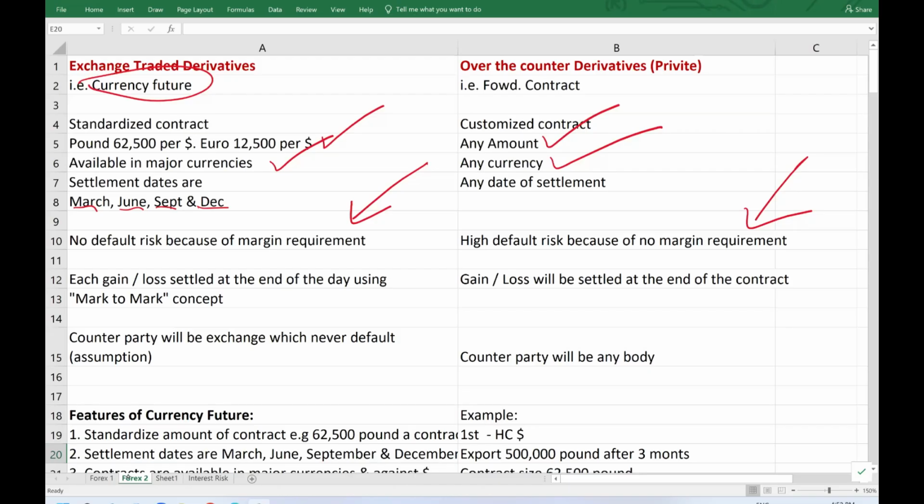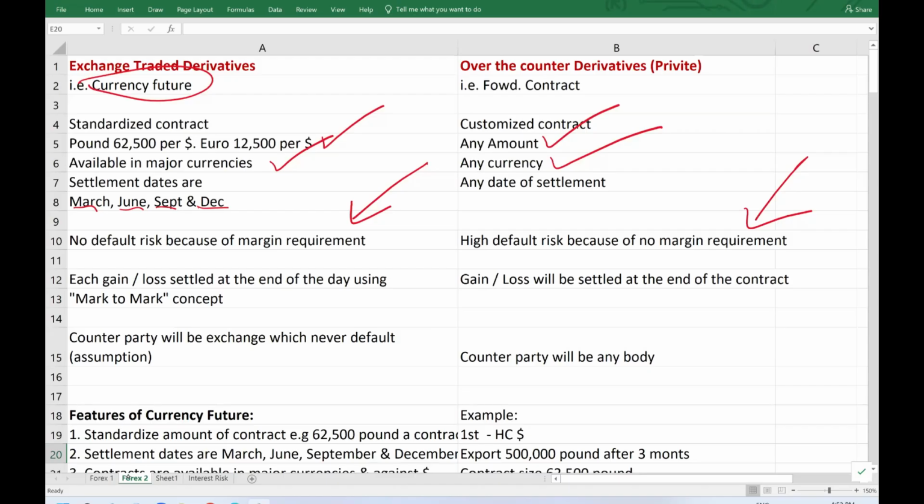So let's say I made an FRA contract with the bank that I will exchange this currency with you in 6 months time. Unluckily, I'm not able to get that foreign currency in 6 months time. I failed to meet the requirement of the FRA. But in the case of a currency future, there's no default risk.